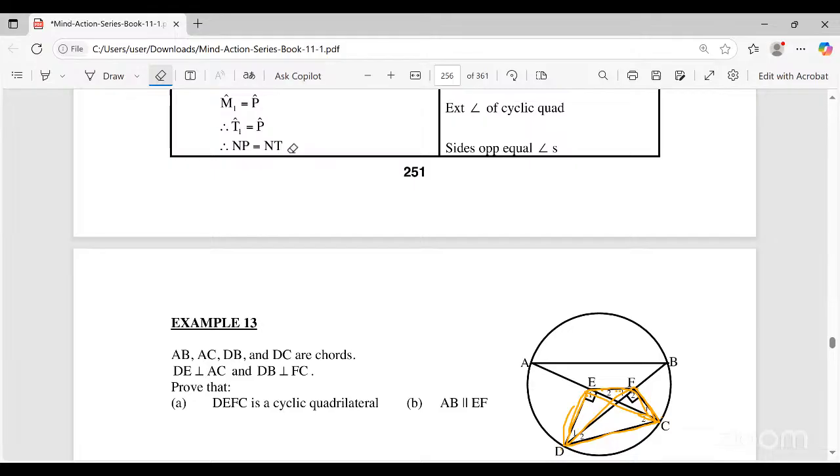So anyone with an idea, guys, of how we can prove that? Anyone, guys?